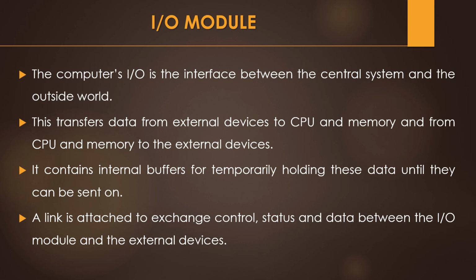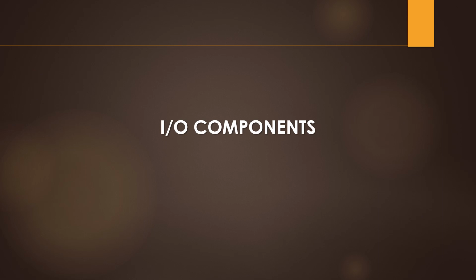So whenever input-output operations take place, the data are stored in the buffers temporarily until they are sent to the particular devices. A link is attached to exchange control, status and data between the input-output module and the external devices. The third component is the I/O components.